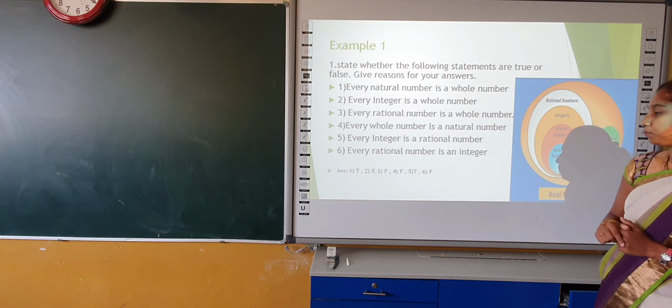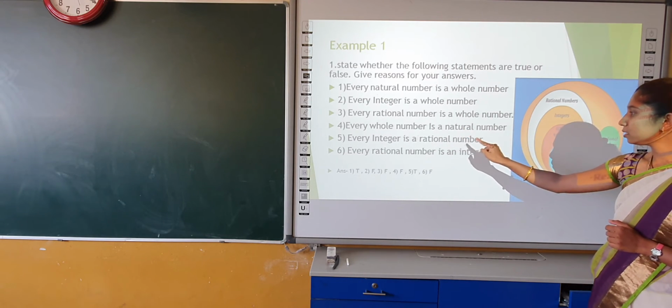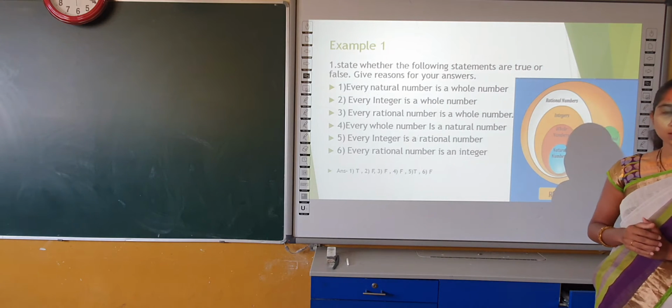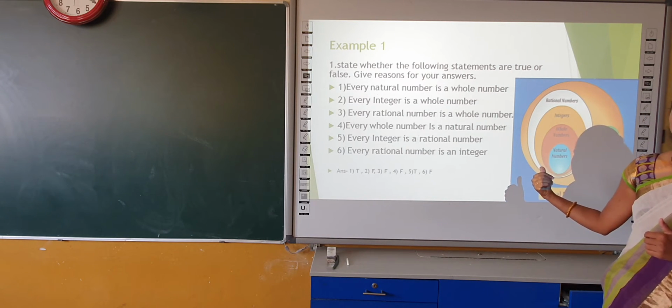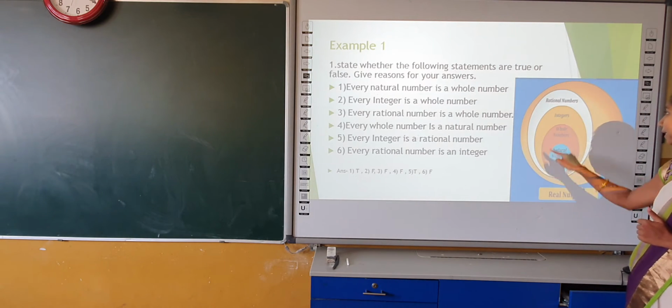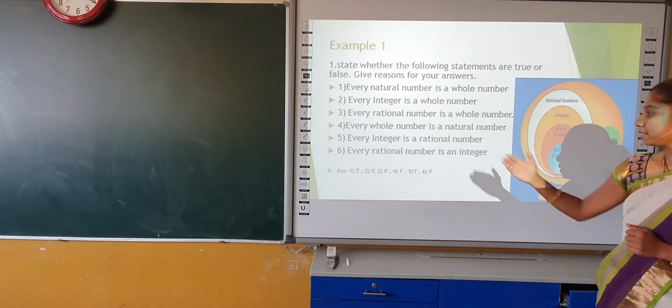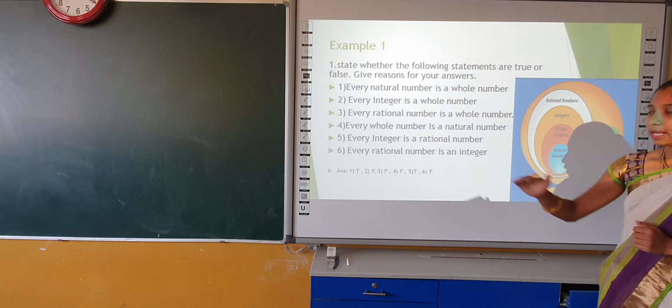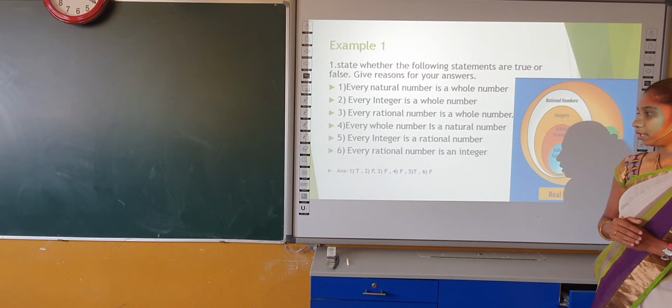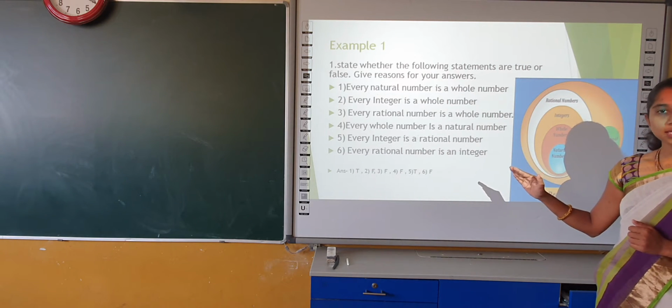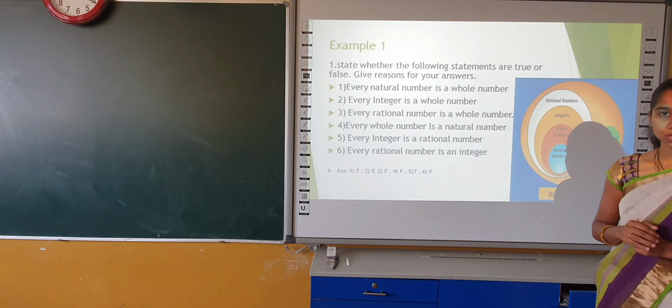Next statement. Every integer is a rational number. Look at the diagram now also. All integers are rational numbers. Yes, it is true.